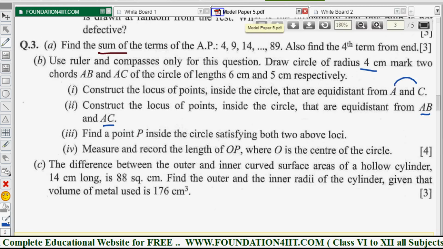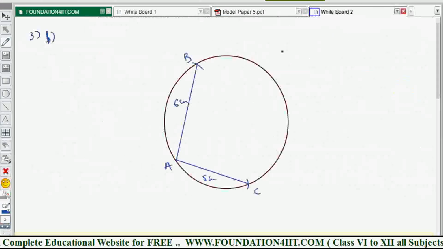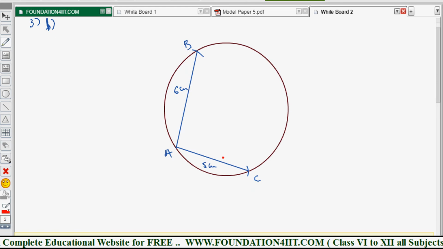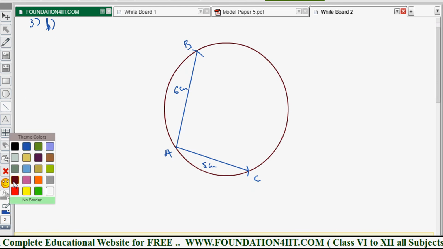Now, according to the question, equidistant from the vertices A and C. If it is equidistant from the vertices A and C, we should bisect AC. So take more than half the compass and draw the arcs. We should bisect this total line segment exactly.